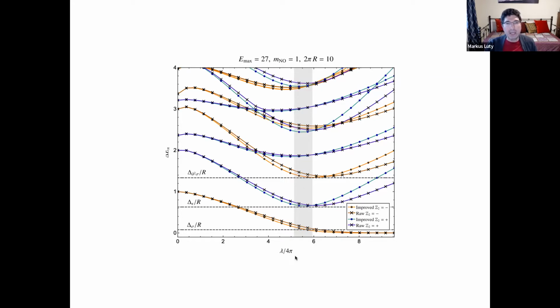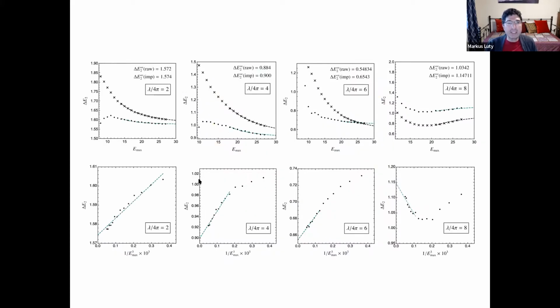And you can see that in my units, the critical point is happening around lambda over 4 pi is 5. That is sort of where you might expect it by NDA type arguments. And you can see that the accuracy does degrade when you increase lambda, but you still see this linear convergence in the improved thing with the correct power.